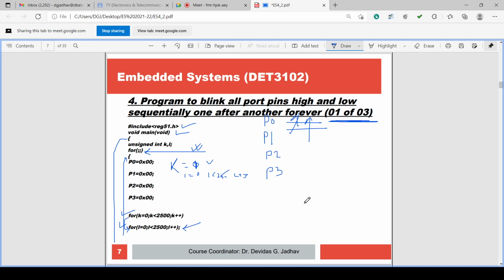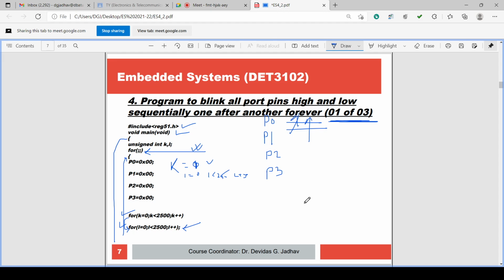Today we have discussed this. In these programs, all 4 ports are blinked. There are 4 ports, P0, P1, P2, P3. Every port has 8 pins. So P0 has 8 pins, P1 has 8 pins, P2 has 8 pins, P3 has 8 pins. Total pins will be 32.